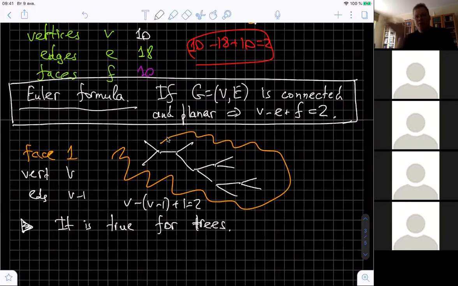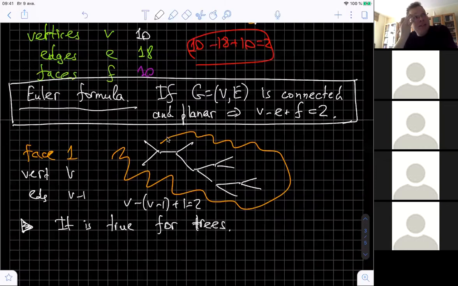So we can prove this in many different ways, for example by induction, and we can go on induction by edges or vertices.